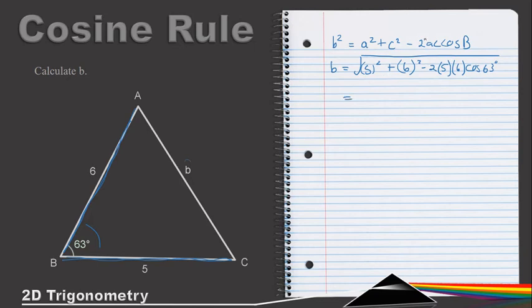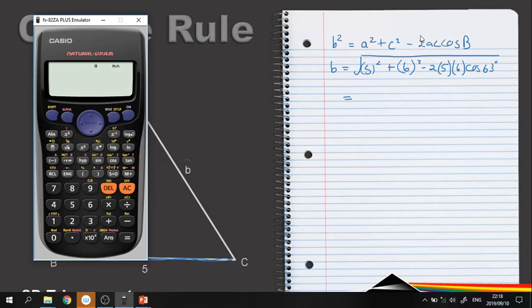So in the calculator, I'm square rooting it, and then we've got 5 squared plus 6 squared, minus 2. Actually, I'm going to put a bracket around all of this.